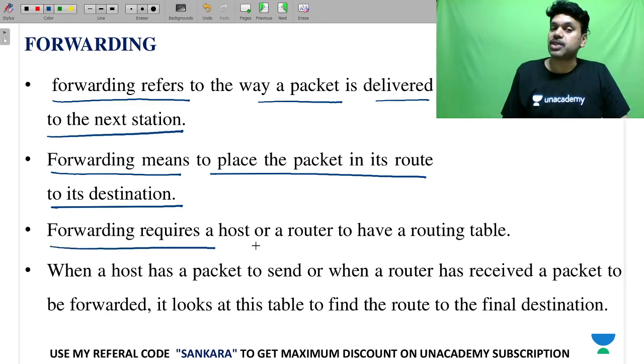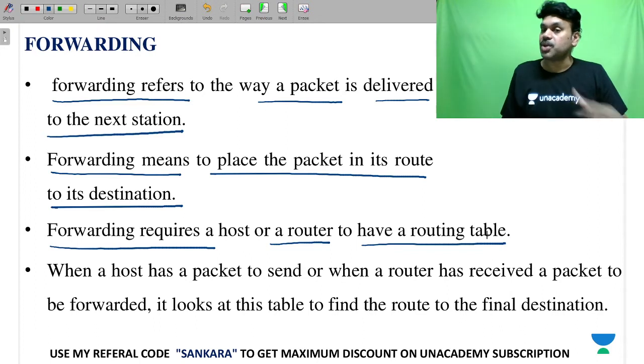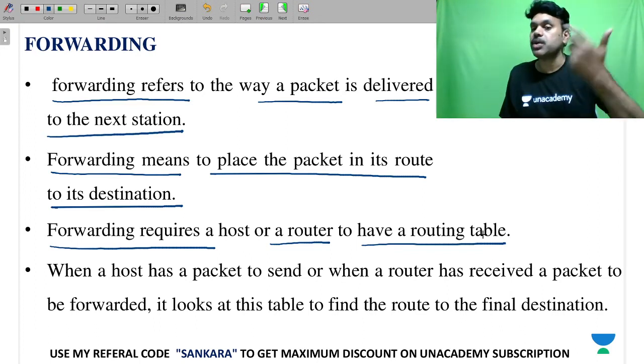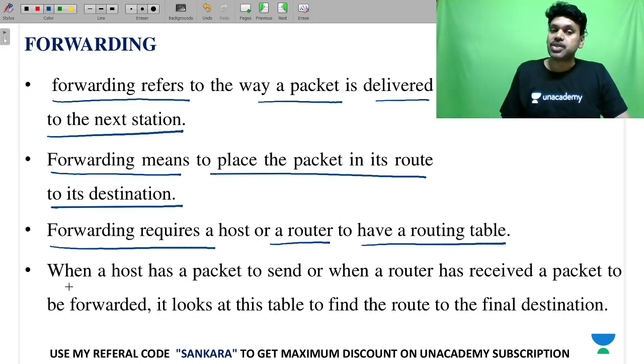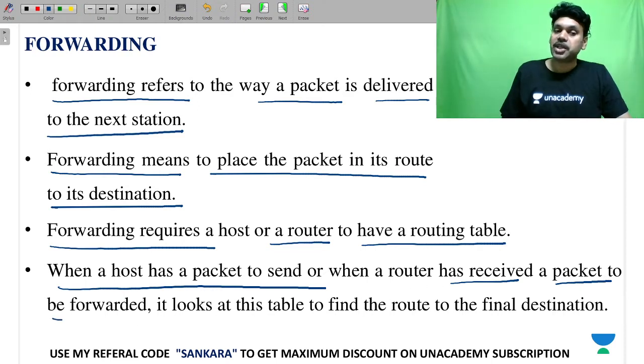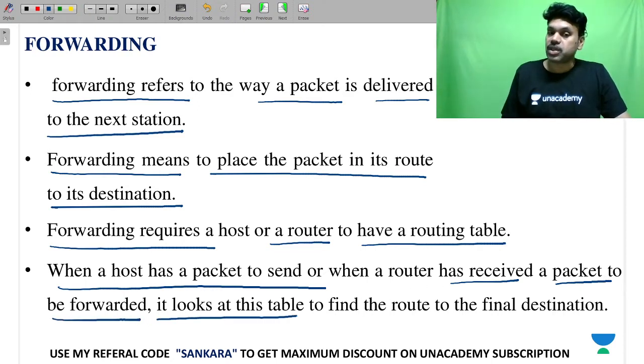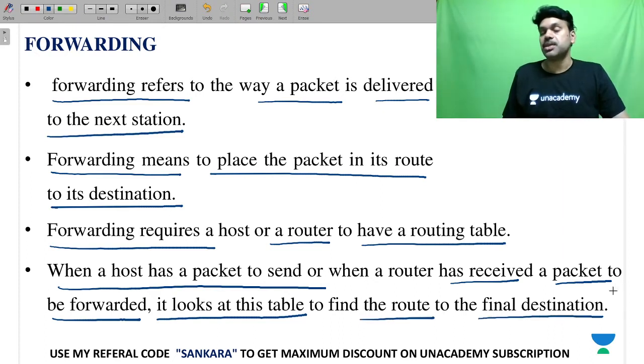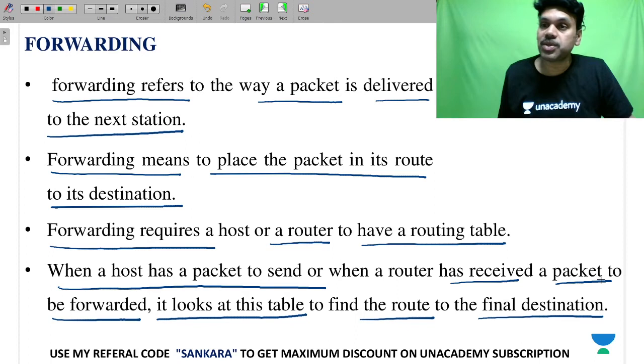Forwarding requires a host or a router to have a routing table. So now we are going to verify the path according to the routing table. When a host has a packet to send or a router has a packet to receive that is to be forwarded, it looks at the routing table, finds the route, and gives it to the destination. This is about forwarding.